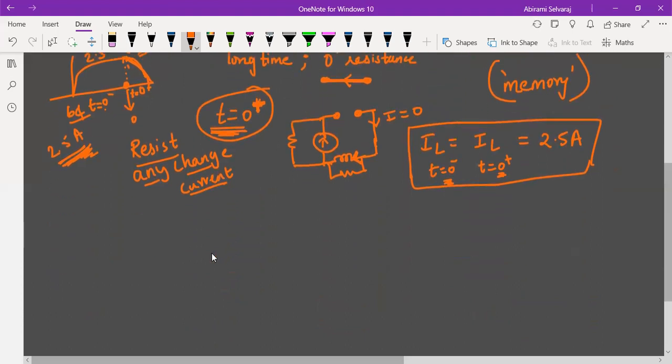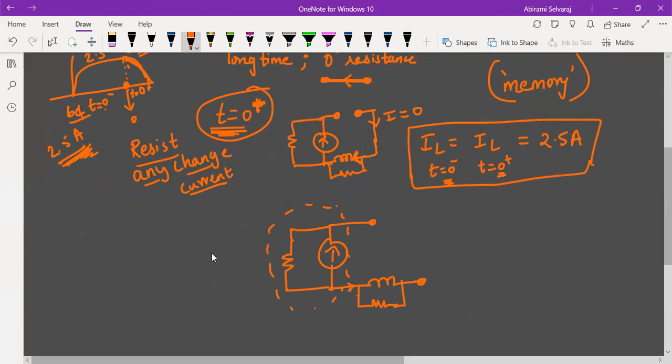Let me redraw this circuit for better understanding. If I draw it this way, I think it will be a little better to understand. Here it's open, here it's open. The resistor is here. This inductor and this resistor don't have any connection with the rest of the circuit because of this open.